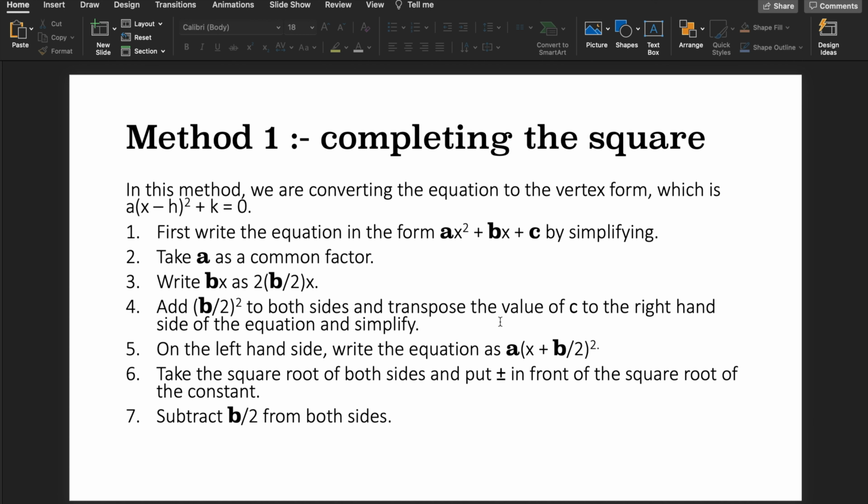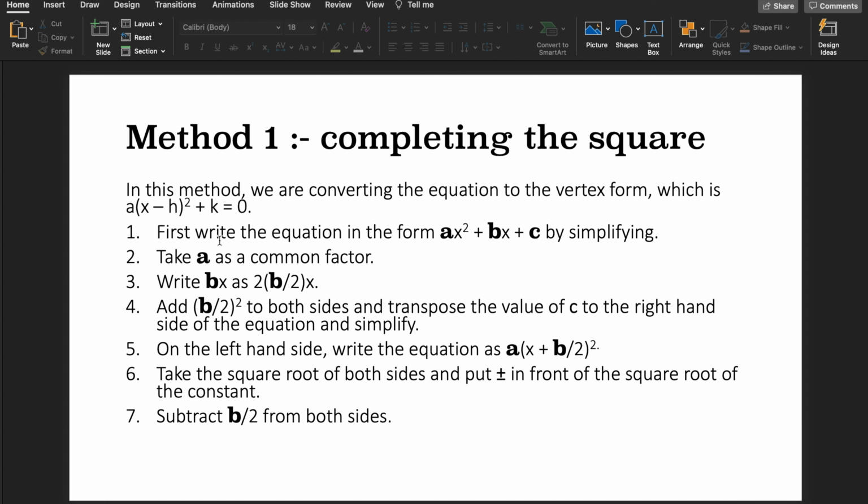So the first method, we'll see what exactly to do. In this method, we're basically trying to convert the equation to the vertex form, which is written right here. This is the vertex form, meaning it will give you the coordinate of the vertex, which is h comma k, where h is the x coordinate of the vertex and k is the y coordinate.